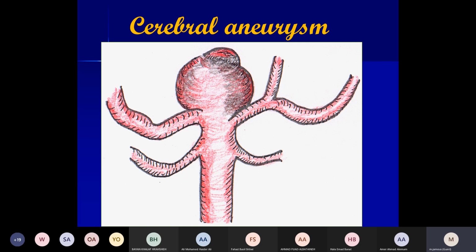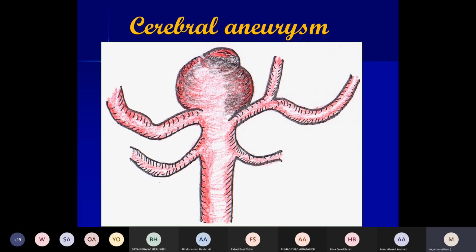It is composed of a sac and a neck. The neck is the site where the sac meets the parent artery. Within the sac we have the bleb. The bleb is the weakest point at the tip of the sac, and this is the site of rupture of the aneurysm.